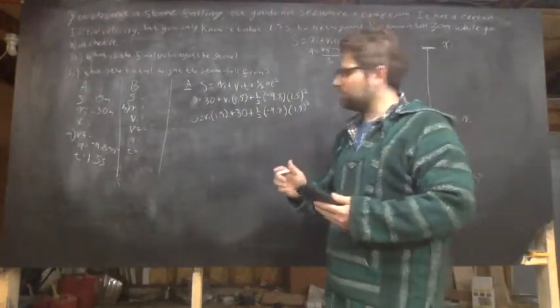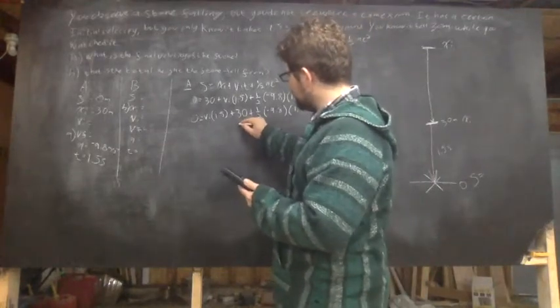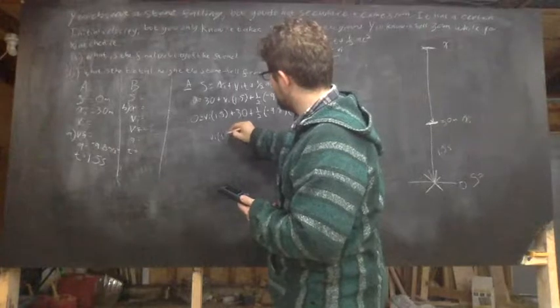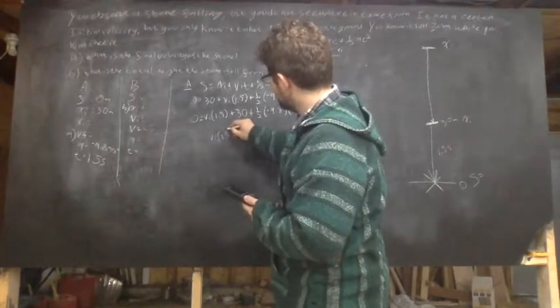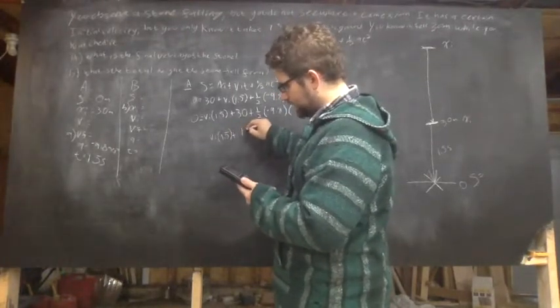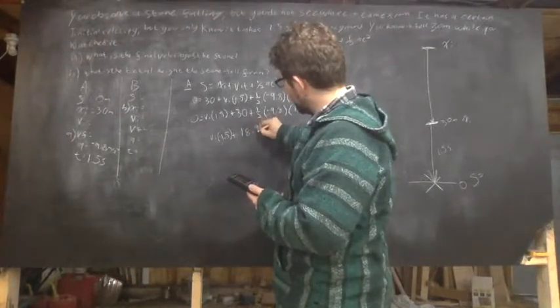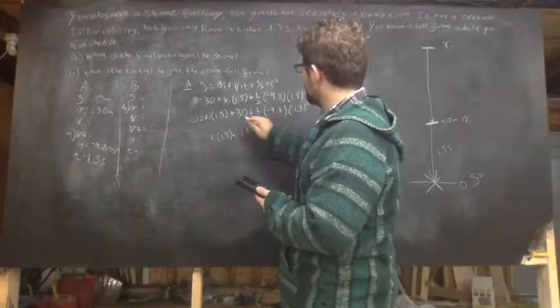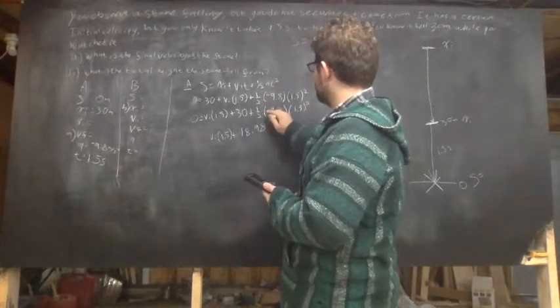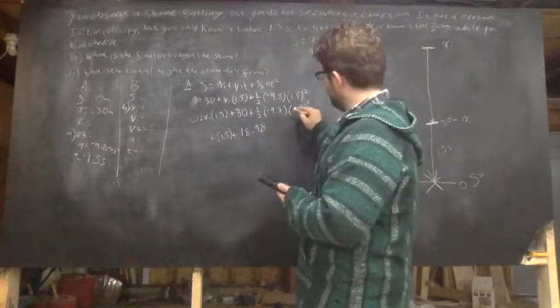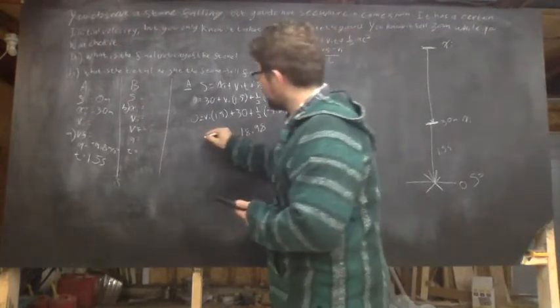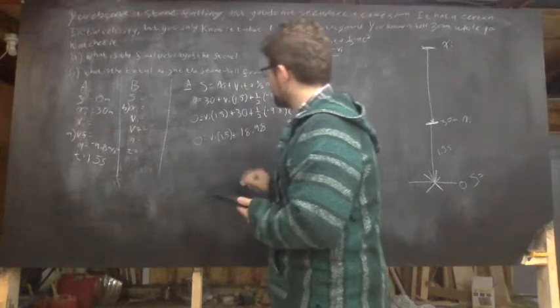Adding all of that together gives me VI times 1.5 plus 18.98. So 30 plus 1/2 times negative 9.8 times 1.5 squared gives me 18.98. That's all going to be equal to 0.